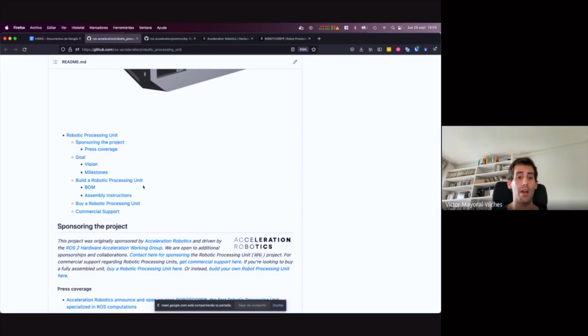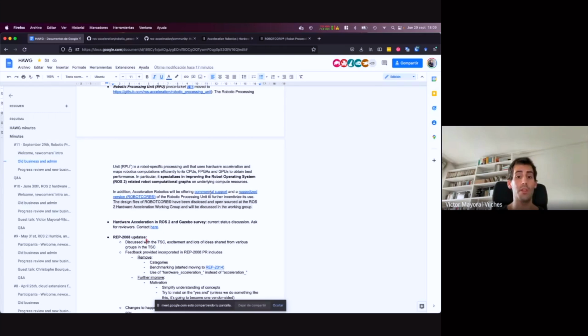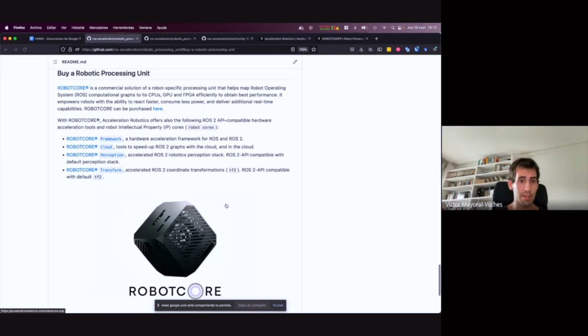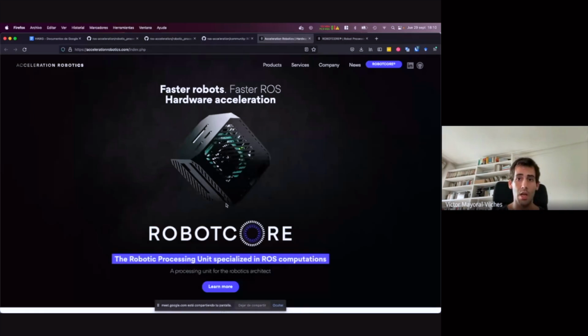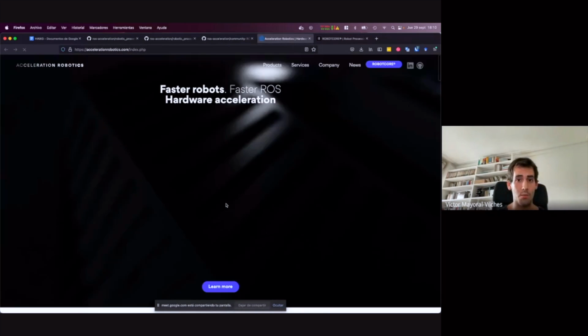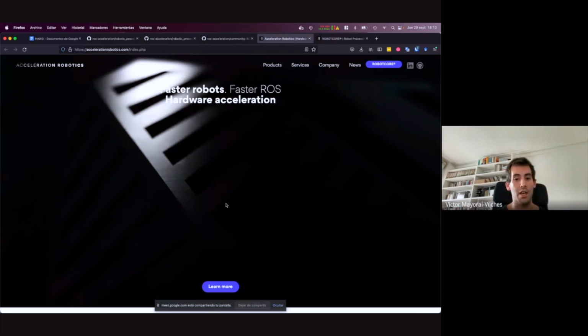That is why we are launching commercial support around this robotic processing unit, including, of course, documentation and support, but also access to tools and accelerators which are custom built to accelerate ROS-compatible libraries. And besides that, we also offer a ruggedized version of Robot Core, and that is in this section. That ruggedized version is presented on our website with a fancy video and so on and so forth.